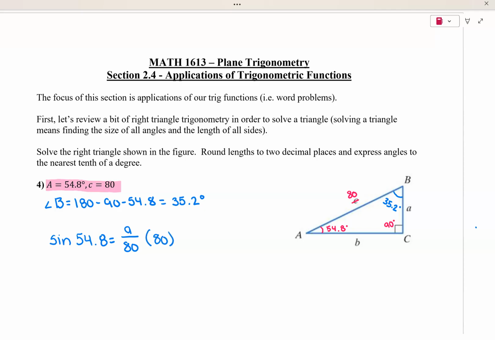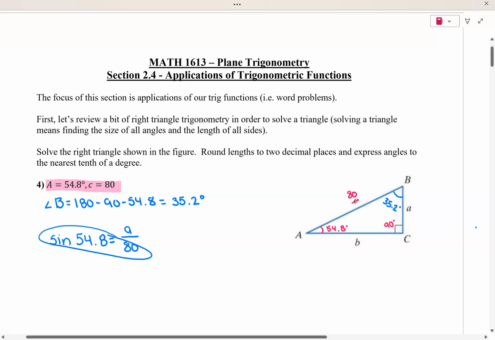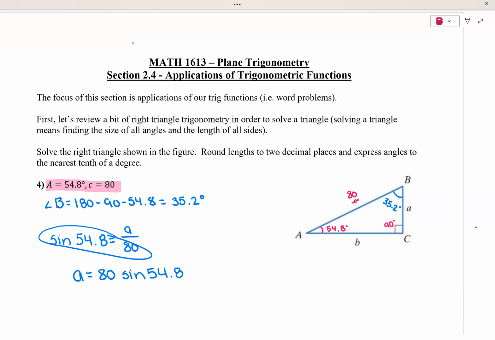We can multiply both sides by 80, which is technically the more correct way, and cancel that out. But a little trick is we're just going to cross multiply, and that gives us what A is. So either way, we get 80 times the sine of 54.8, okay? So we need to figure out what A is going to be.